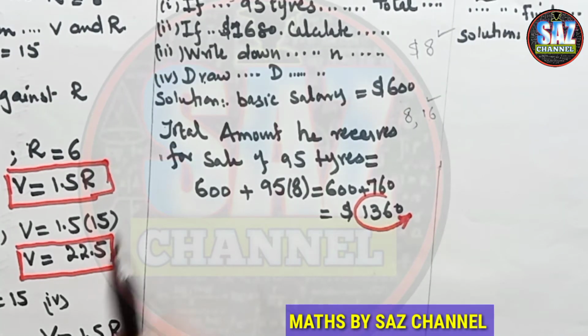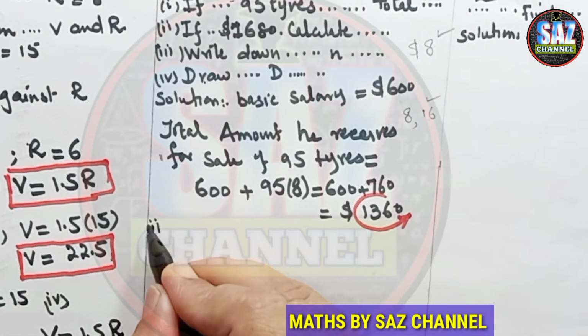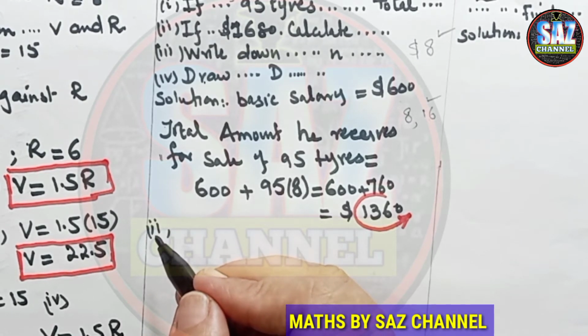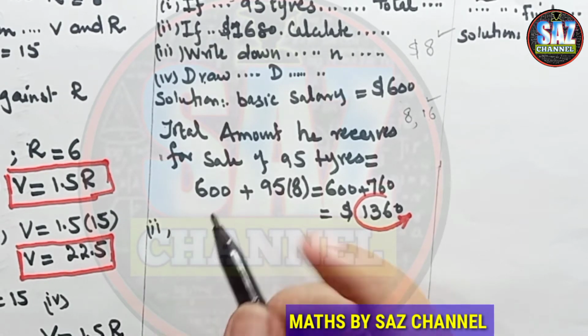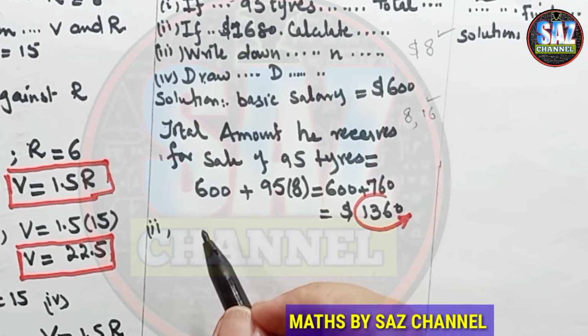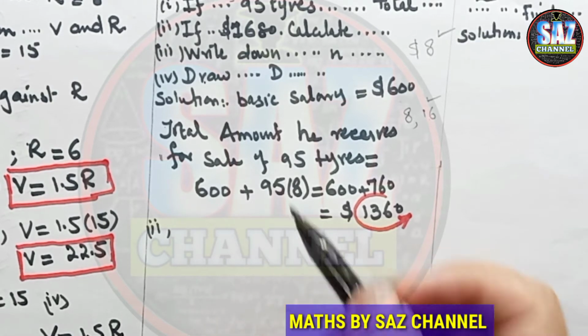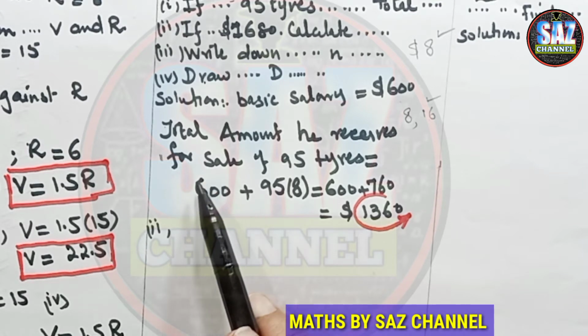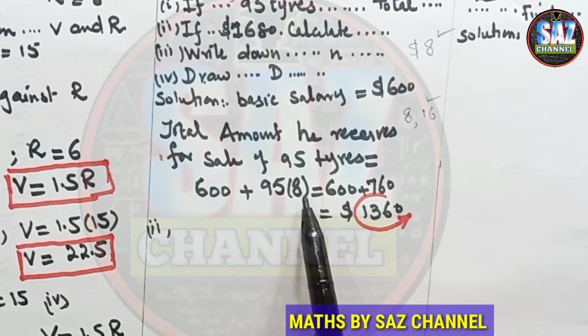Let's move to the second part of the question. It says, if the salesman's monthly income for the particular month is $1680, calculate the number of tires he sells in the month. How much total amount he is getting at the end of the month is this fixed amount plus the variable amount.